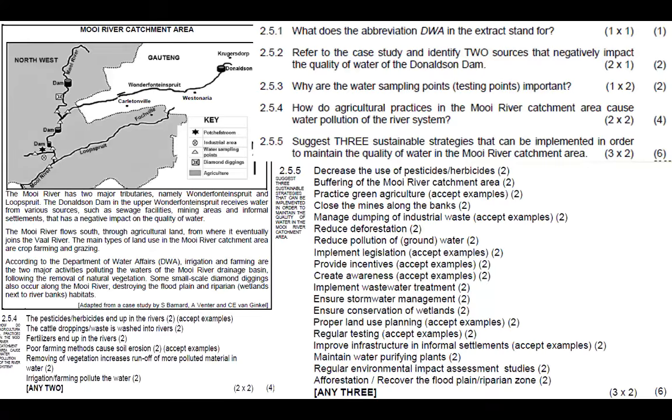So, rules and legislation. And then in order to preserve water, we can also conserve wetlands. You know what wetlands will do? Wetlands are going to clean a river. They serve as a sponge. They absorb the impurities there and allow water to flow, and the water is being cleaned.